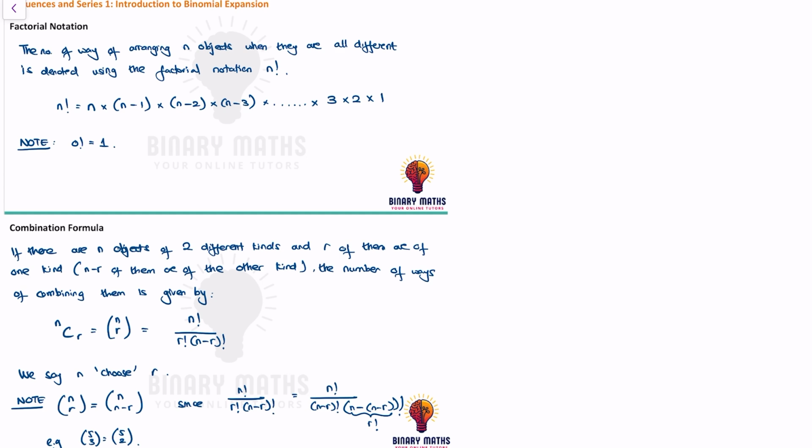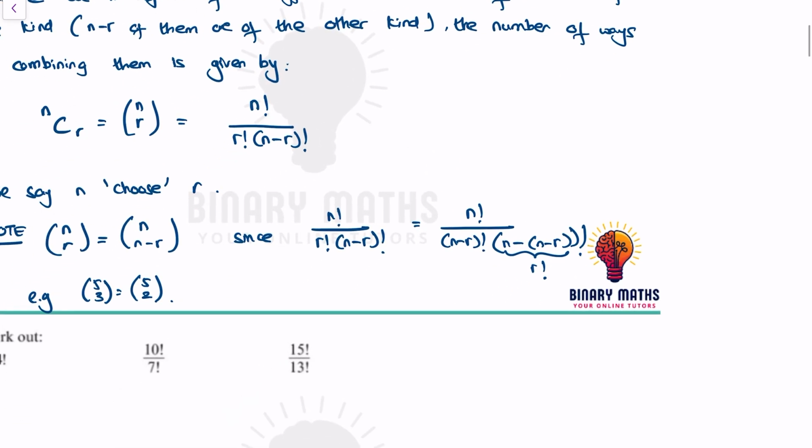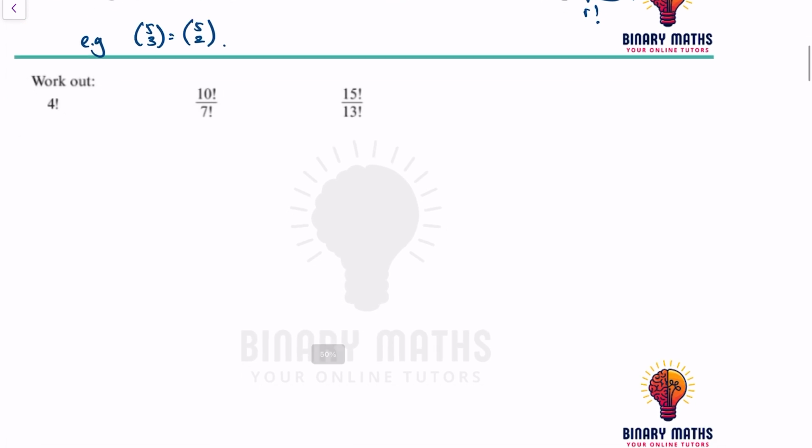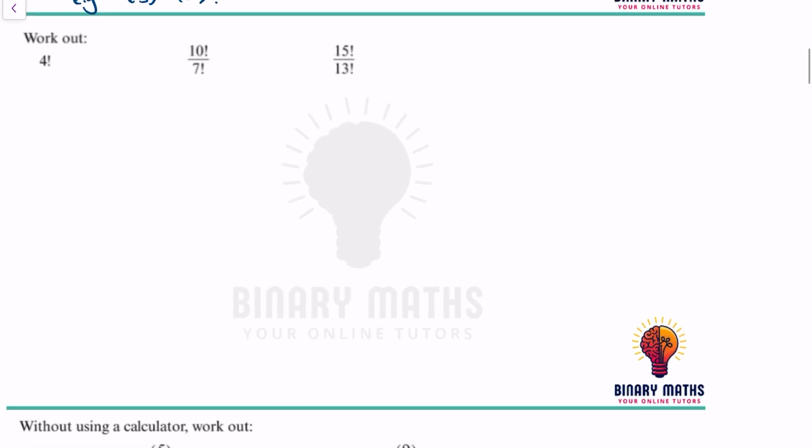So let's look at some quick questions on how to handle these things. Work out 4 factorial. 4 factorial is 4 times 3 times 2 times 1. 4 times 3 is 12, 12 times 2 is 24, so that would be 24. Second example is 10 factorial over 7 factorial.